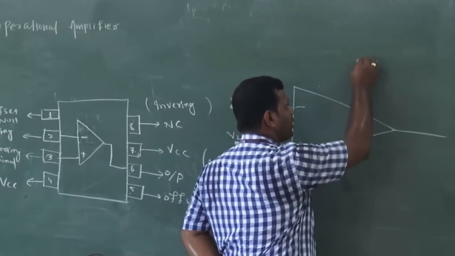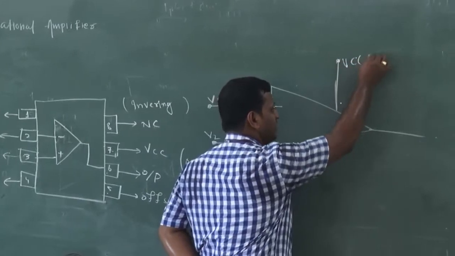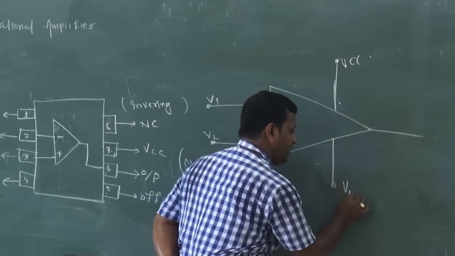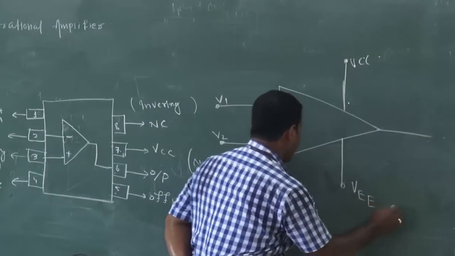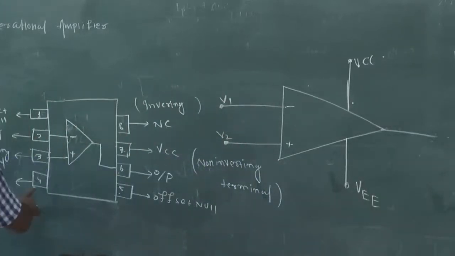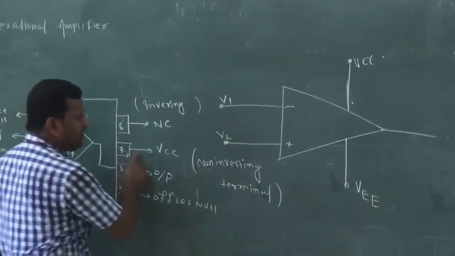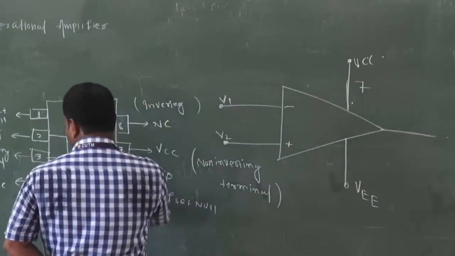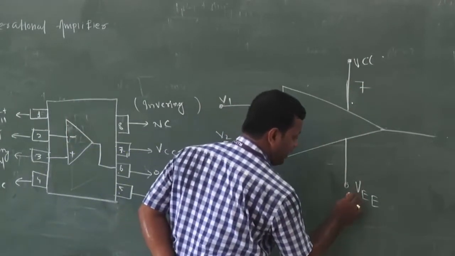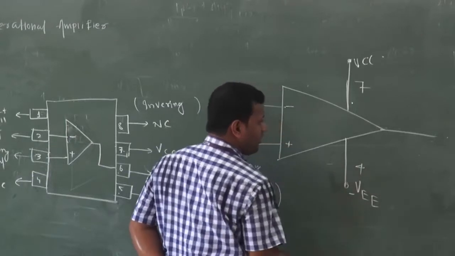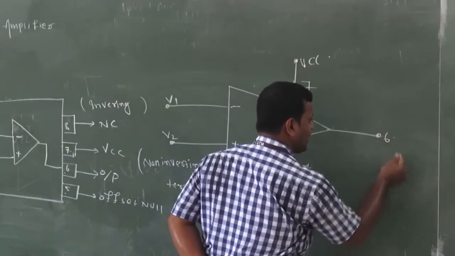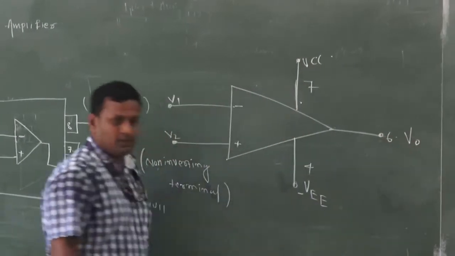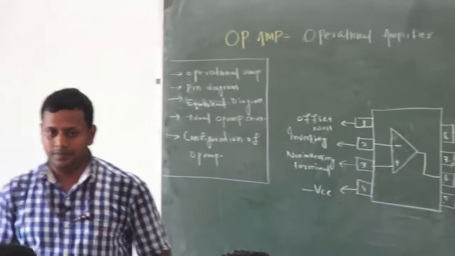Generally, in most books you find VCC and VEE at pins 4 and 7. VCC is 7, and 4 is minus VEE. And at pin number 6, I take the output.